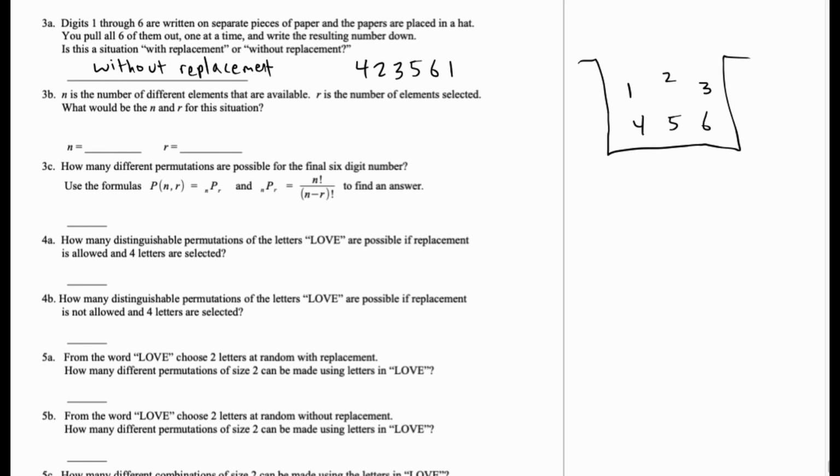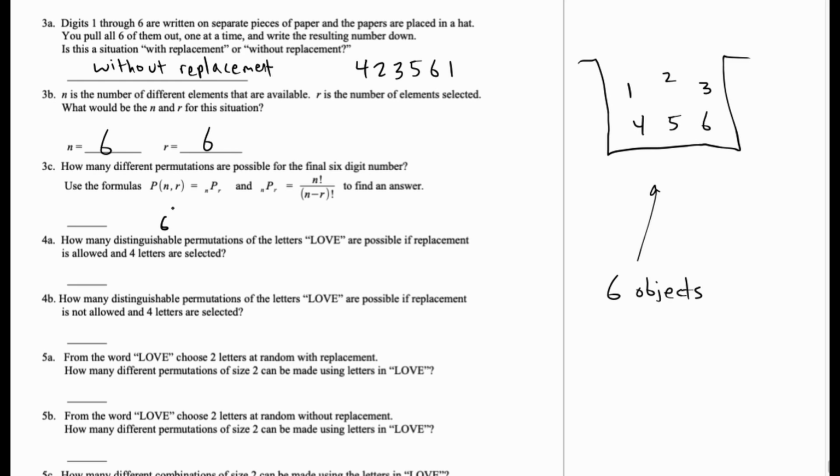So, what is the n for this situation? It's the number of objects that you're picking from. That is 6 different digits, 6 objects, so n is 6. We're also going to pull all of them out, so that's an r of 6. So since the n is 6 and the r is 6, we can now go on to the next step, which is plugging into the formula for without replacement.